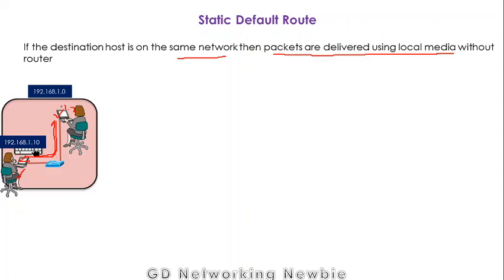So you can see there's a class C, and if you have some confusion, you can look at the subnetting video. Anyway, if this is in the same subnet, then the packets don't need to go to the router, and they can flow using the local media.